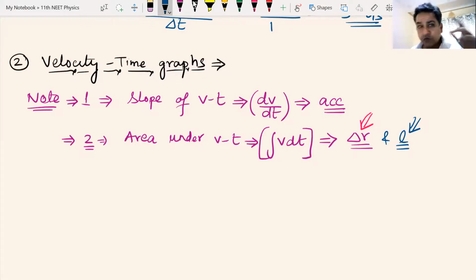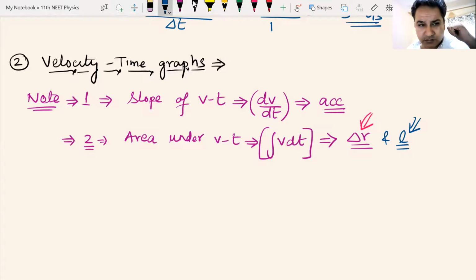So in a position time graph, we could get the velocity by the slope, and we got the displacement by subtracting the initial position from the final position. So we got two things from the position time graph: one is the displacement, other is the velocity. From the velocity time graph, we'll also get two things.